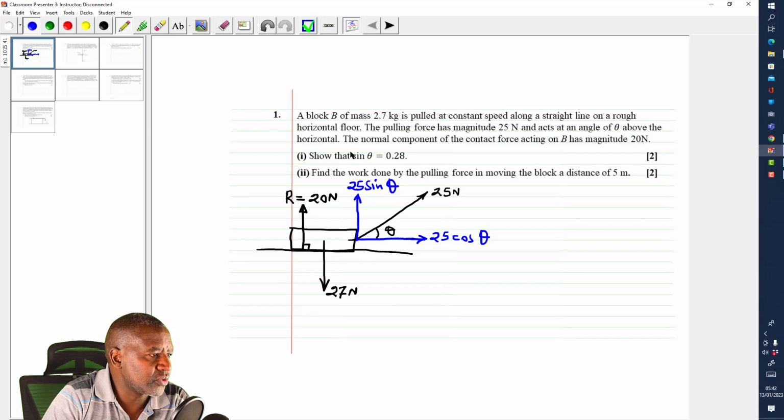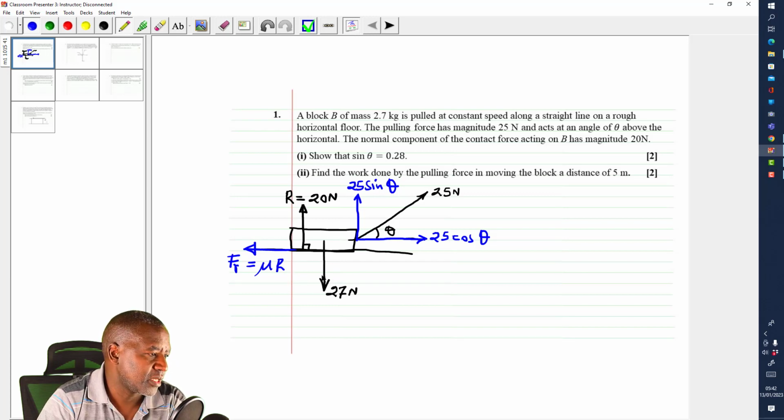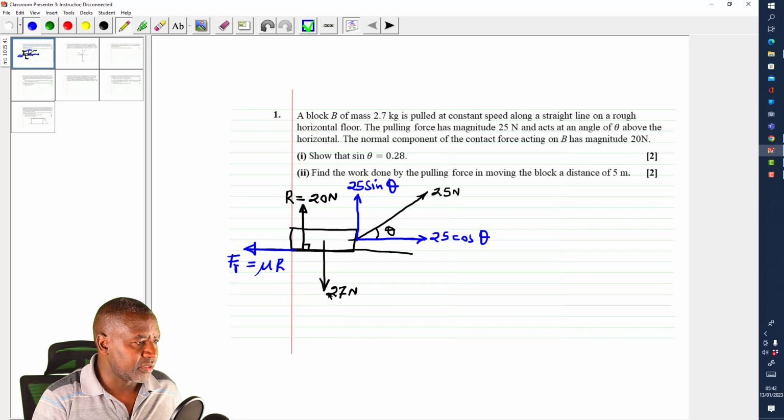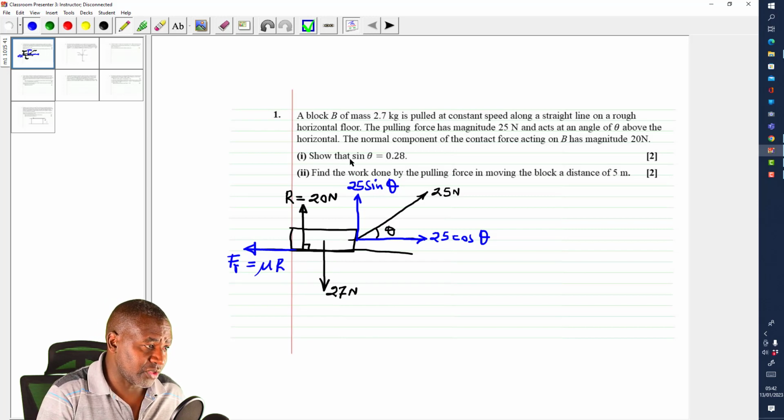And then we are told that this is a horizontal floor, so there must be a friction force in this direction here, which we are going to represent by that value. Of course, since it is moving, it is equal to mu R, if we ever need that information. So we are asked to show that sine theta is equal to 0.28.